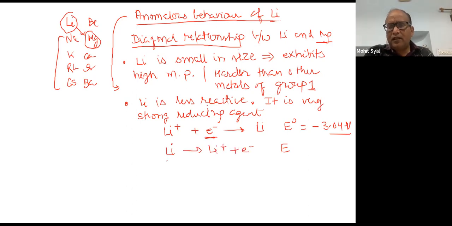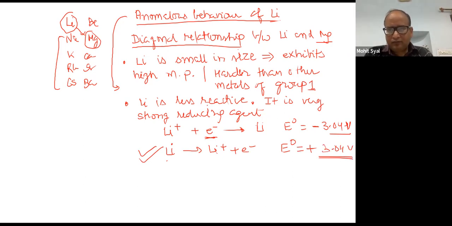So lithium is a good reducing agent, means it has a tendency to lose electron. Reducing agents are the ones who can give their electron to others. So this is going to be positive, means lithium wants to lose electron. Okay, it is a very good reducing agent.